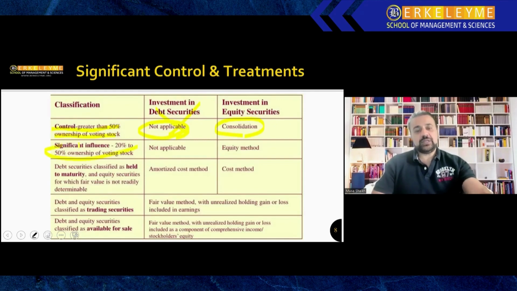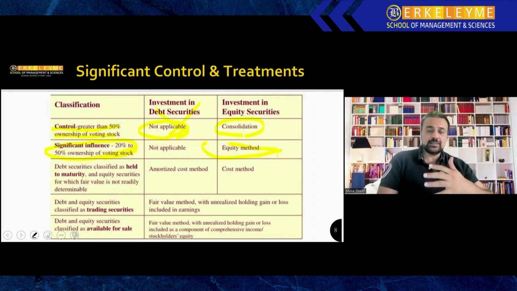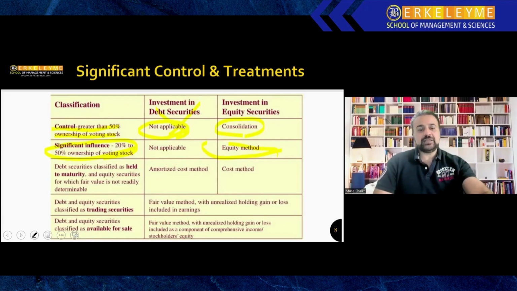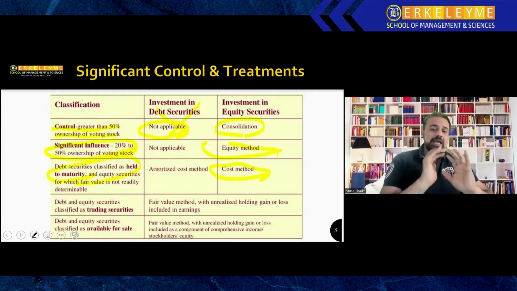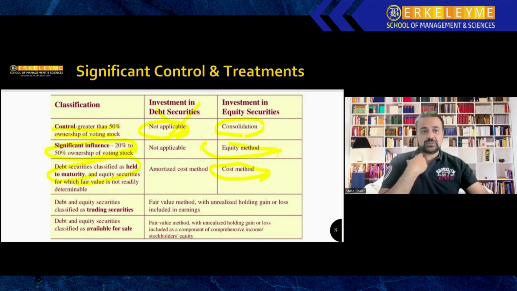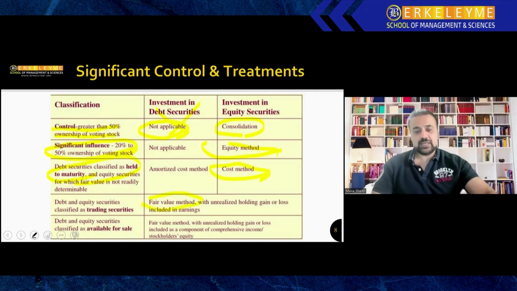If it is between 20 to 50, then you can use the equity method. What is the equity method? This method I will explain shortly. And if it is just held to maturity, then we have to use the cost method. So it summarizes a lot of concepts into this table, because questions will be based on which one has to be costed on which one. This is very important, and debt and equity should use the fair value method.